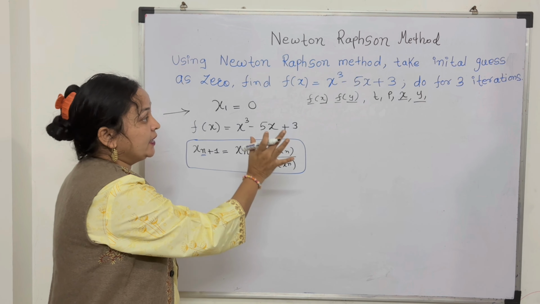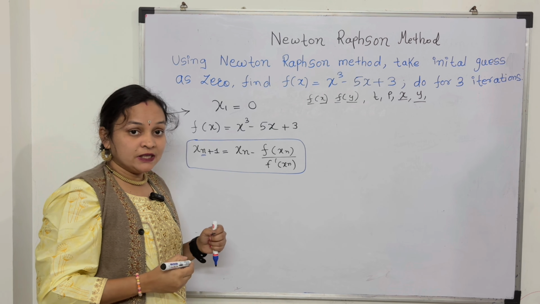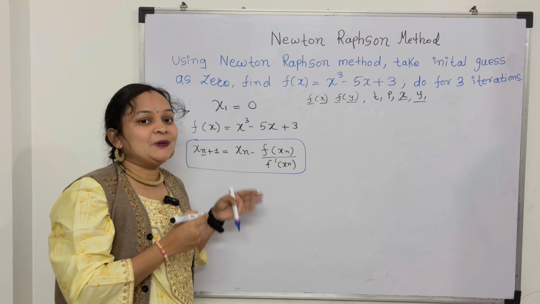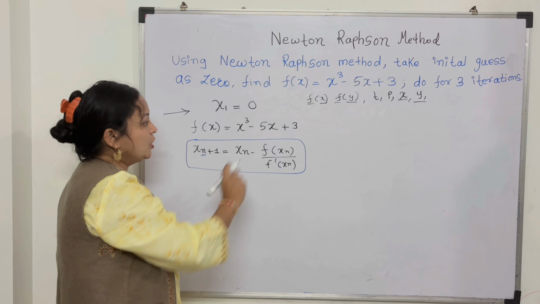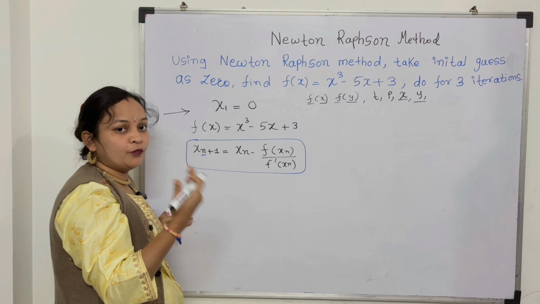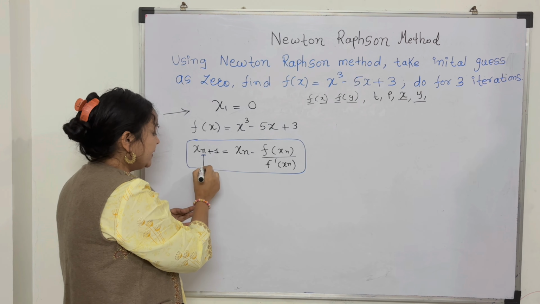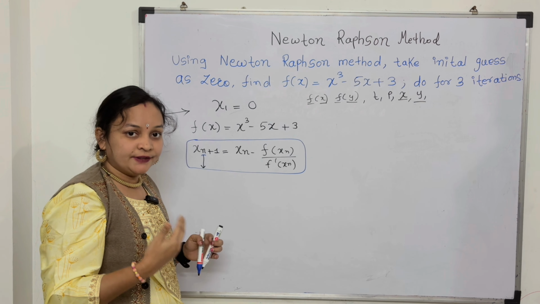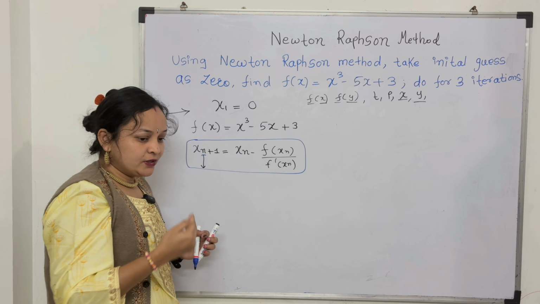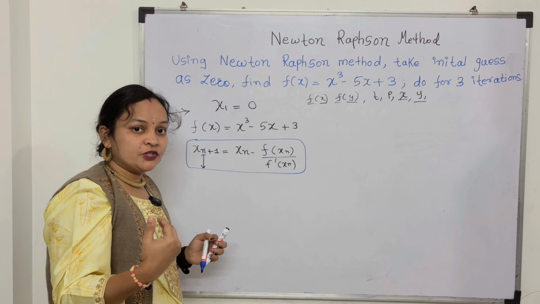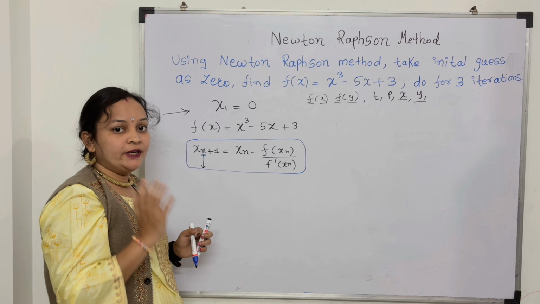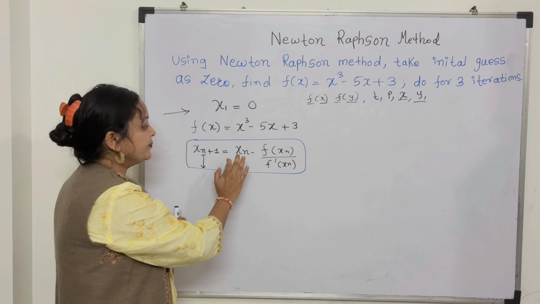So there are different assumptions and significance of a particular term with respect to a particular subject. It simply denotes that it is a function of something, and n denotes the iteration: the first iteration, second iteration, third iteration. You are supposed to put the value of n according to the iteration.